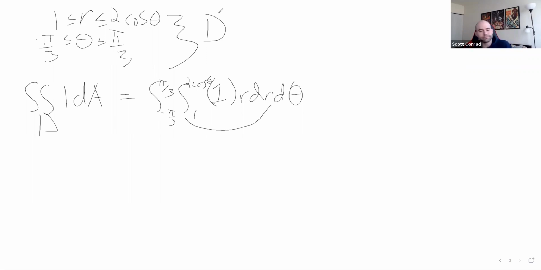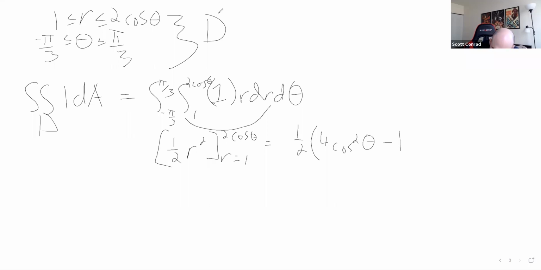Okay, doing our inner integral. So distribute the r through. We're just integrating r with respect to r. r becomes 1/2 r squared, evaluated from r equals 1 up to 2 cos theta. So we got 1/2 times 2 cos theta quantity squared, which is 4 cos squared theta, and minus 1 squared, which is 1.